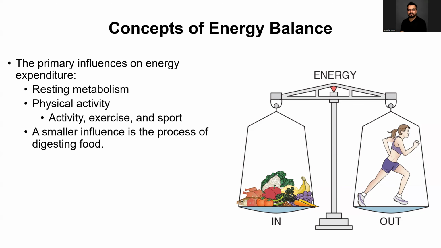And there are a couple of primary influences or factors that affect the energy expenditure, or over here we have energy out, which is the resting metabolism. We have physical activity, and remember from the first chapter we defined physical activity and different types of physical activity that can be any type of activity, exercise and sport.